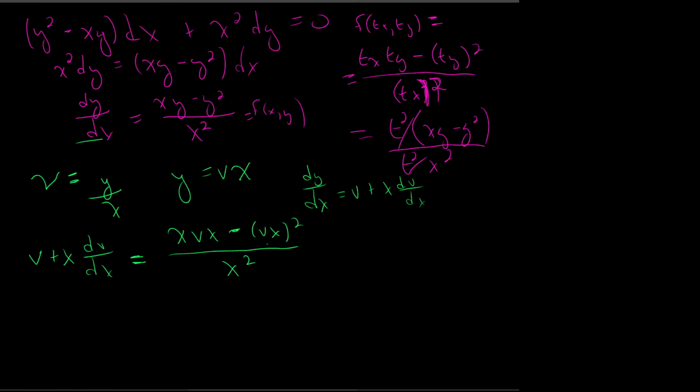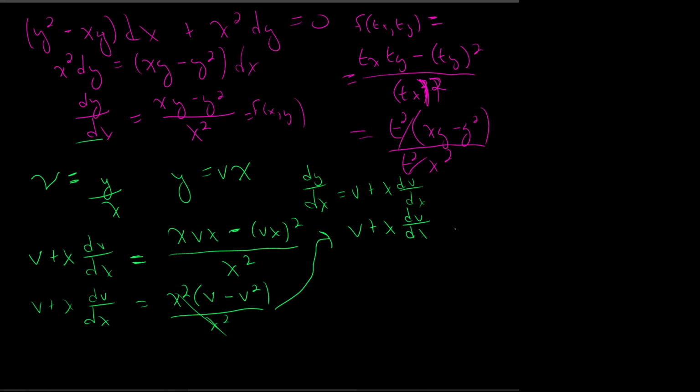Alright, so let's clean this up a bit. So v plus x dv/dx equals, well, I've got an x squared here, so I'll pull out an x squared, (v minus v squared) over x squared, and they'll cancel. And so I get v plus x dv/dx equals v minus v squared.